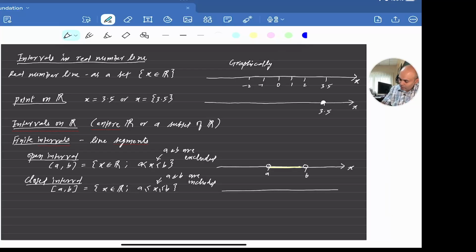So graphically, we represent these by drawing the real number line, then mark A and B, and we draw solid circles because we are including these 2 points, and also include all points between A and B.